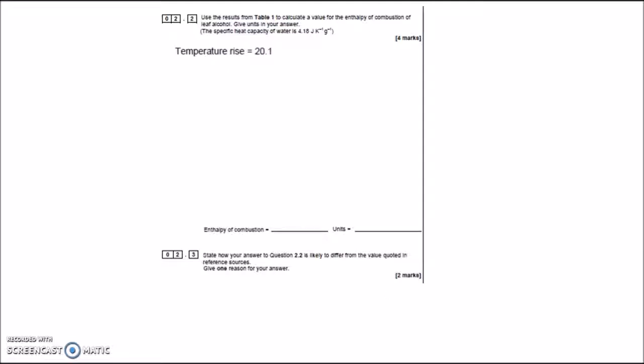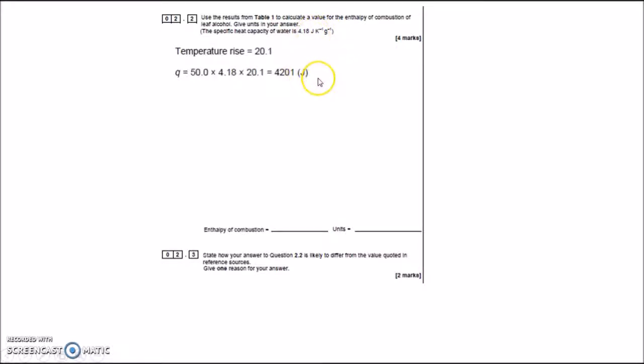So my temperature change is 20.1, and then Q, or delta H, heat change, is minus, there should be a minus in there actually, minus 50 multiplied by 4.18, that's the mass. 50 is the mass of the water that I'm heating up there, minus 50 multiplied by 4.18, which is specific heat capacity, multiplied by delta T, temperature change 20.1, which is 4201, and it's measured in joules because specific heat capacity is in joules per Kelvin per gram. It's got a J there, so that's in joules.